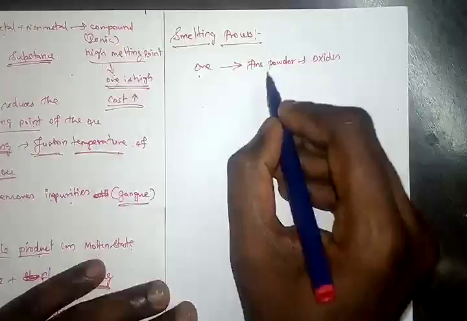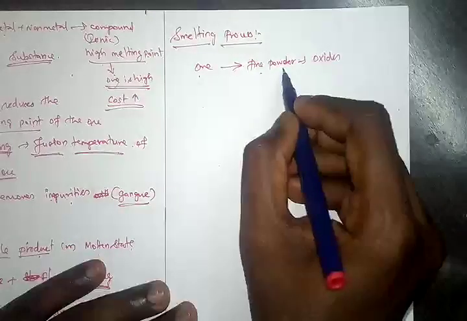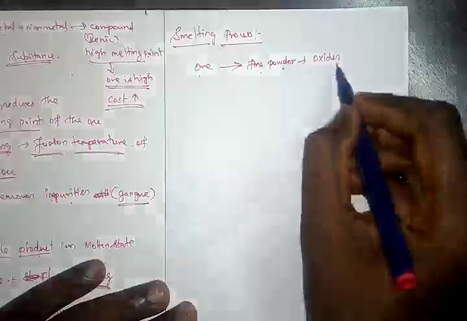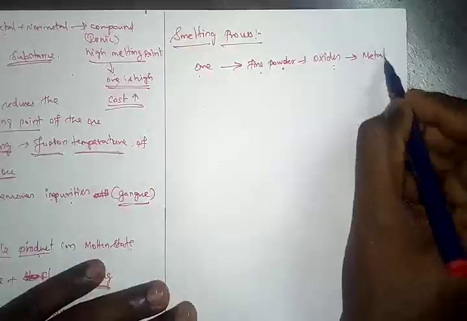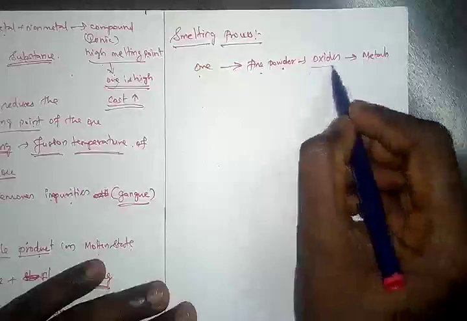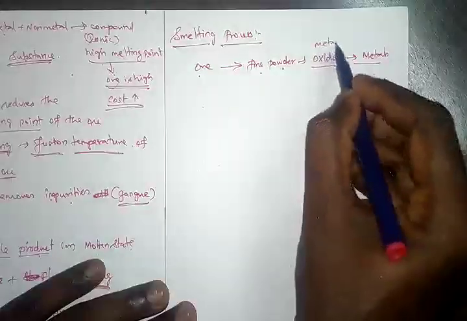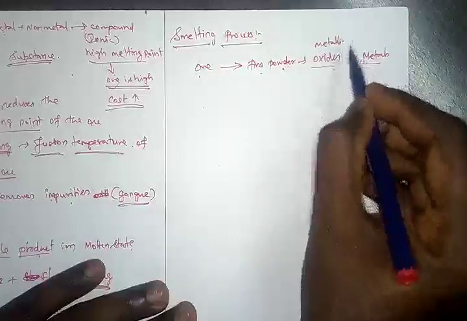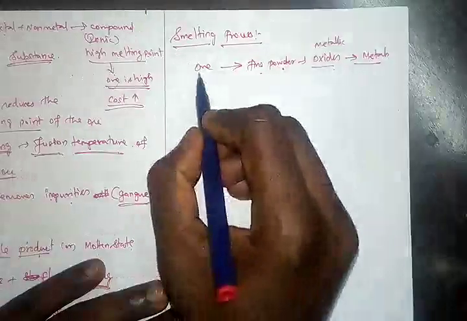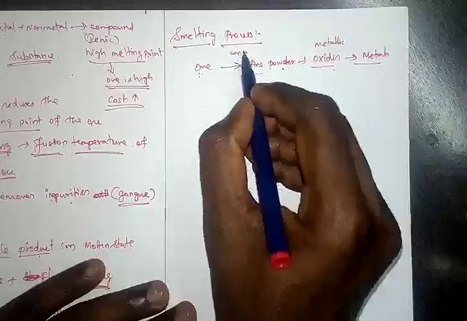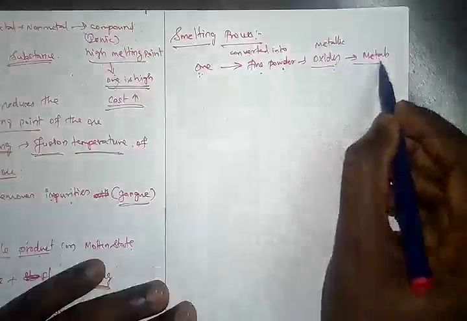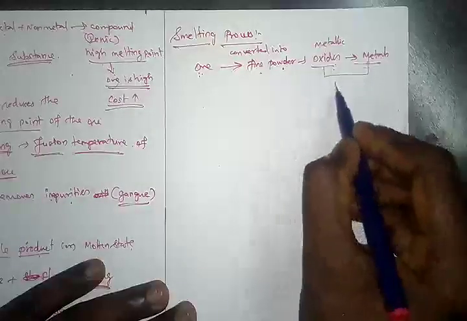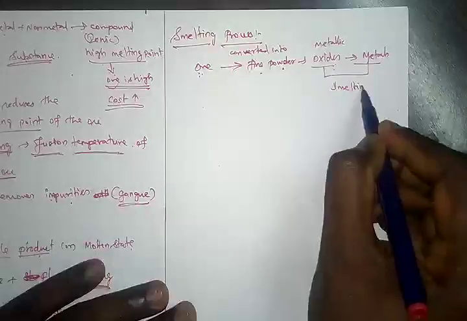So our ore is converted into fine powder, and the fine powder is converted into oxides. The next process, from the oxides we get metals. The ore is converted into metallic oxides, and from this we get metals. This process is called smelting.